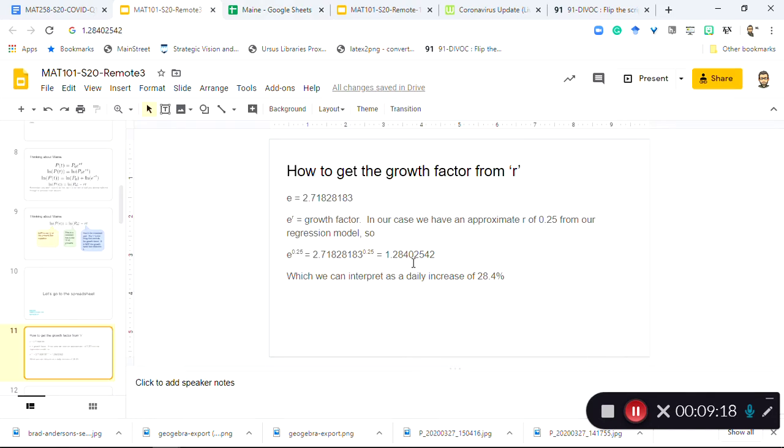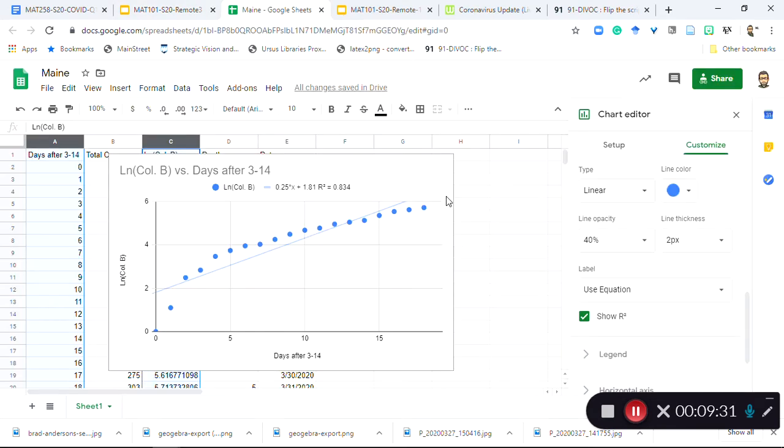And e to the 0.25 is 1.284, which is a 28.4% daily increase, right? So now, again, this is approximate. It looks like it's tapering off here, so the growth rate is a little less. Now, part of that could be these initial outliers.